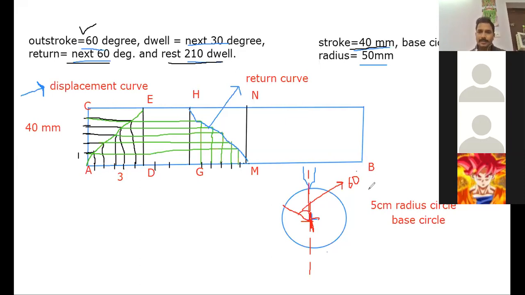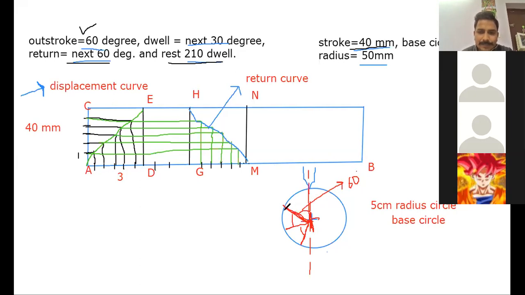Okay. Yes, sir. Perfect. So first I would draw 60 degrees here. Then from this point you would keep your protractor and draw a 30 degree angle here. So this angle here is how much? 30 degrees. And from this point again, the angle that would come here would be 60 degrees because it is again the outstroke. Any doubt in this? Initially, I will make outstroke for 60 degrees.